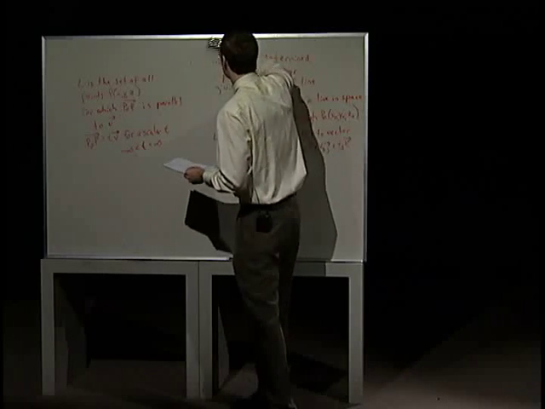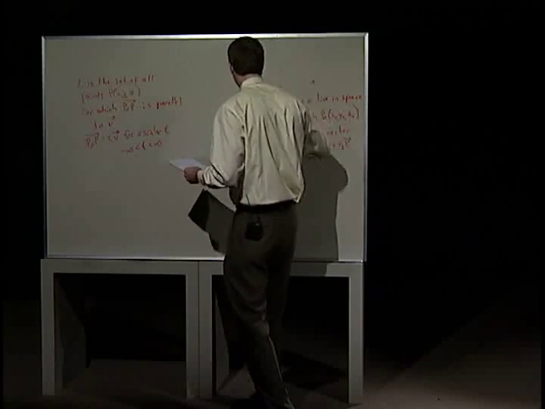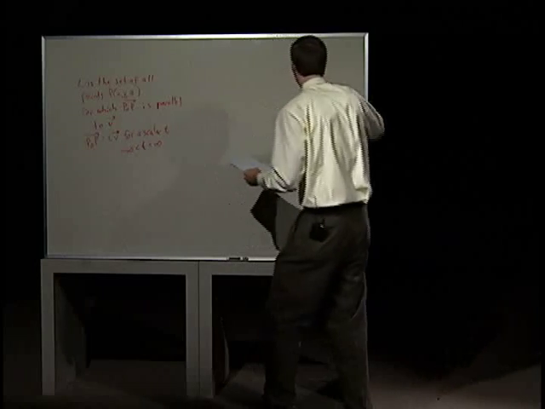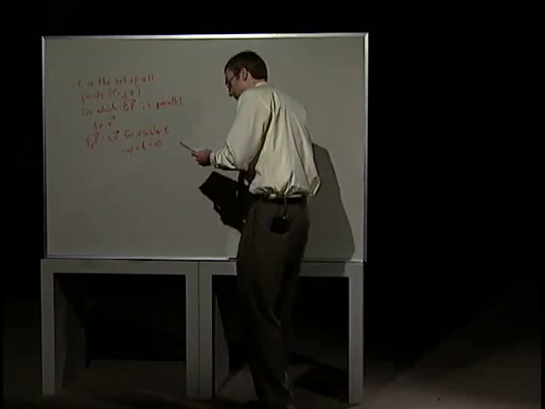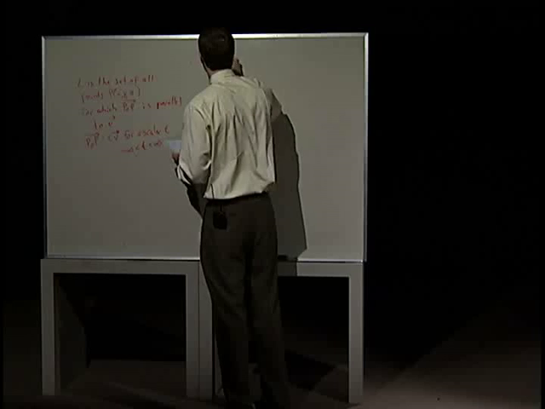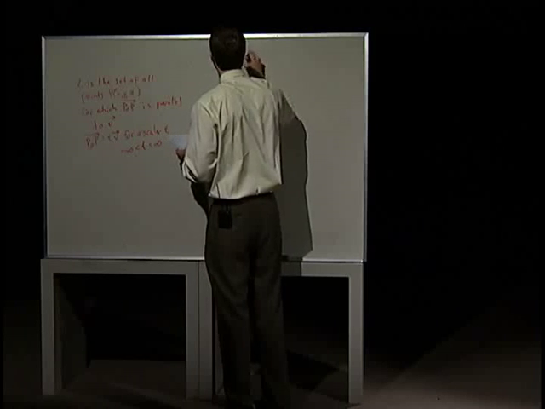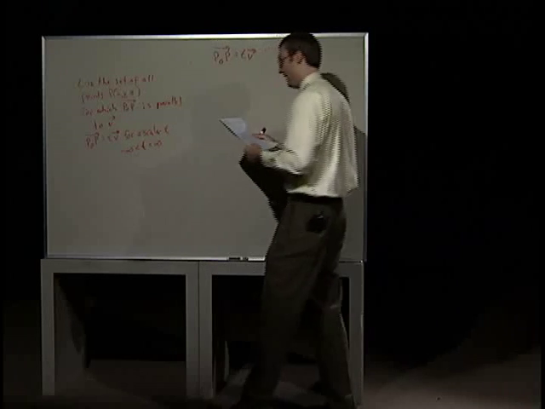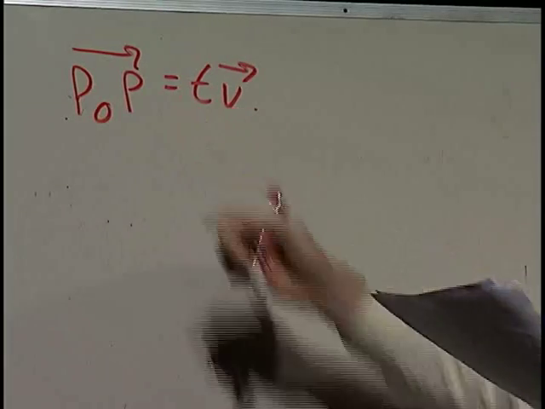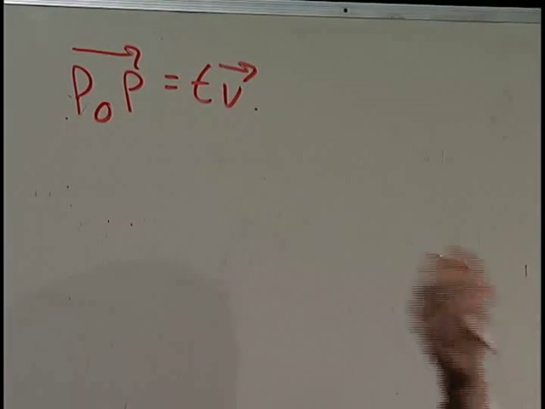Let's give ourselves some room over here. Okay, so what we have is the equation P0P equals tv, right? And we can break these things down. We know what P0P is and what tv is.